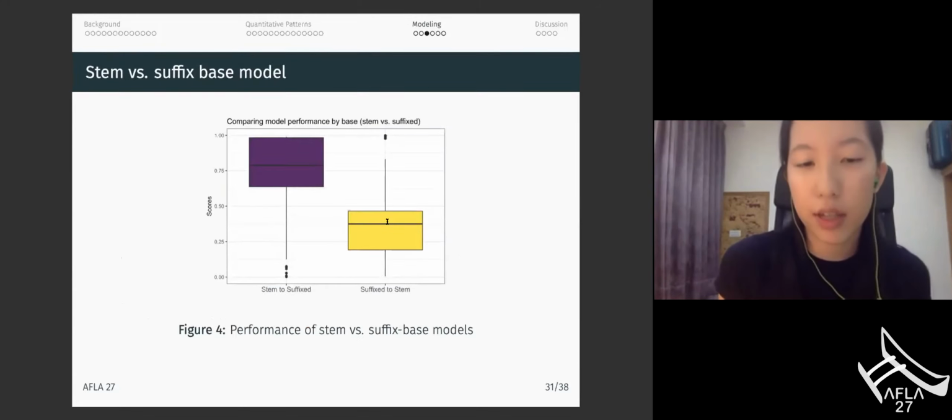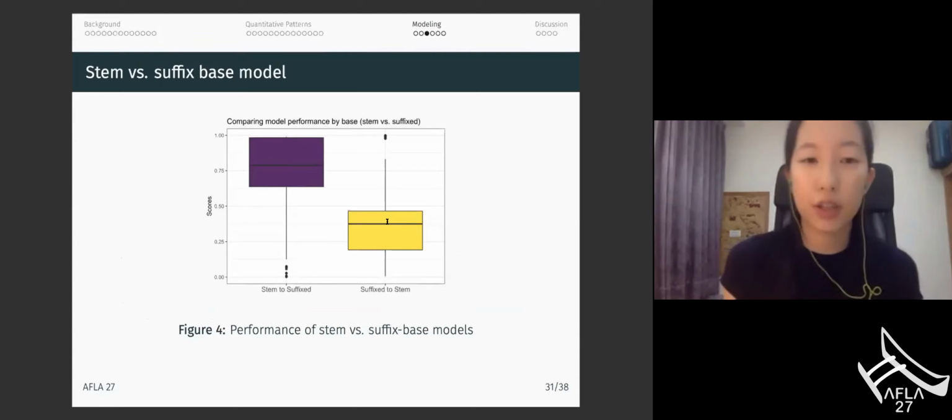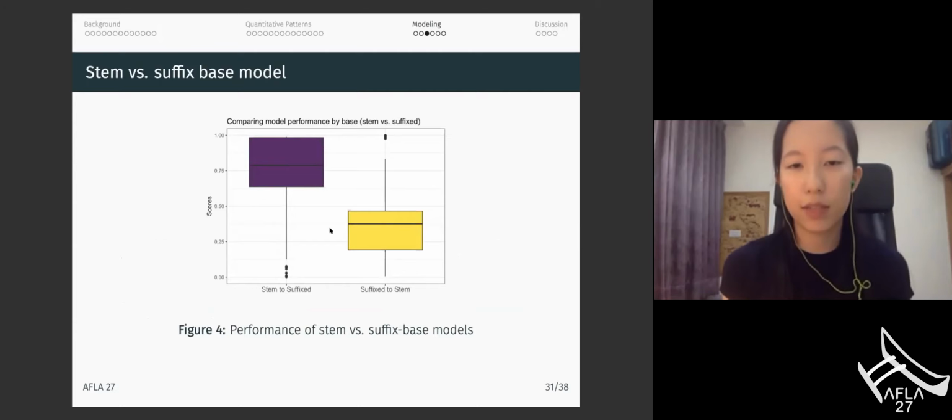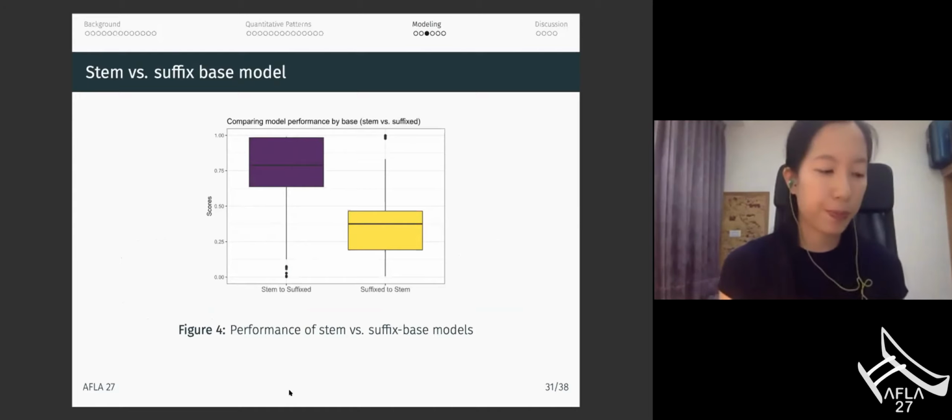On the left-hand side are the results for the stem-based model, the right-hand side is the suffix-based model, and the y-axis shows the scores. You can see that the stem-based model assigns visibly much higher scores to the lexicon, compared to the suffix-based model, and this confirms the stem-suffix asymmetry.